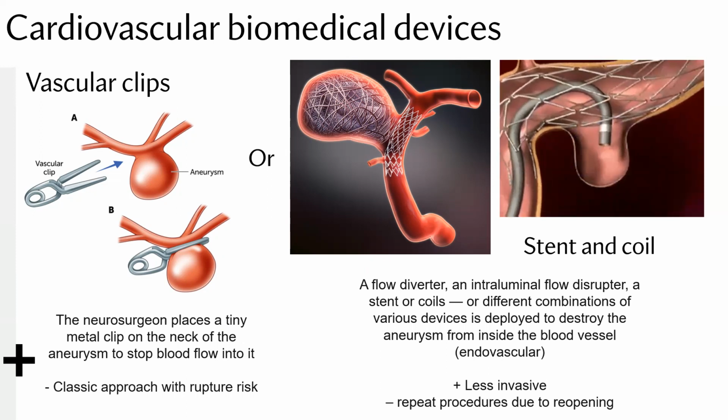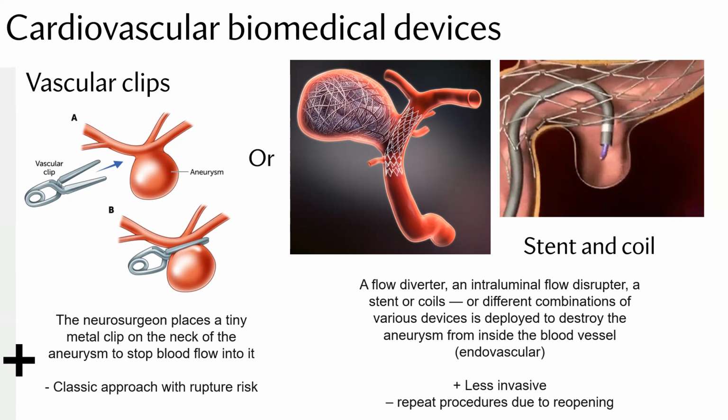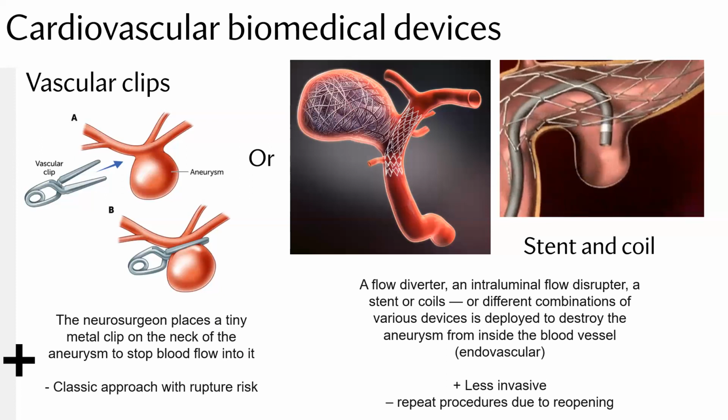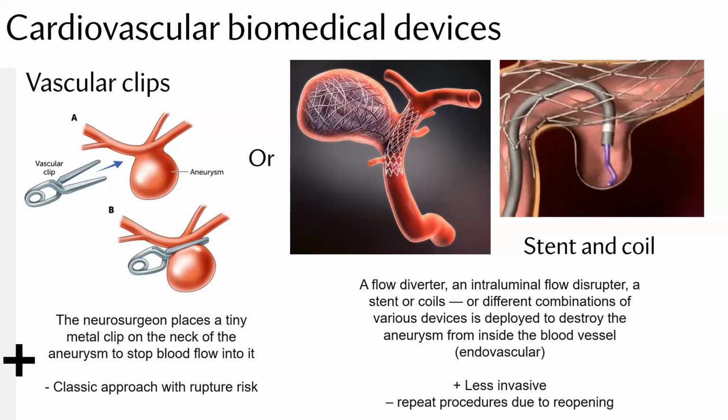So if we can divert the flow, not allowing it to go into the sac, then we can start to recover the natural and healthy phenotype.